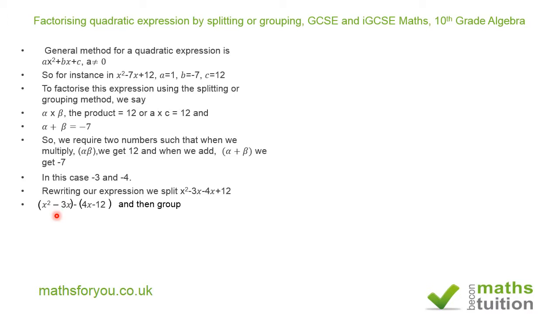I'm going to factorize x squared minus 3x and also minus 4x plus 12. And when I factorize, I get x into x minus 3 minus 4 into x minus 3. And when I tidy up, I get x minus 4 into x minus 3. And those are the factors of x squared minus 7x plus 12.